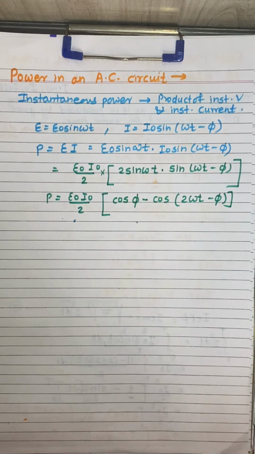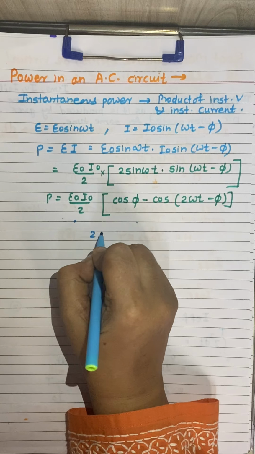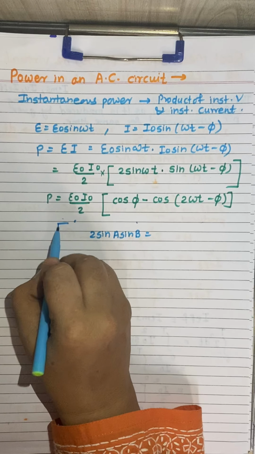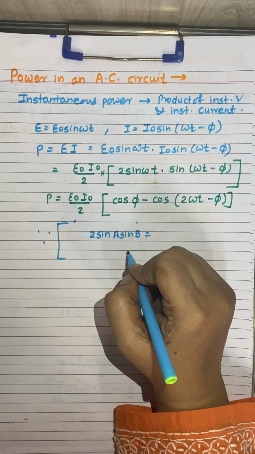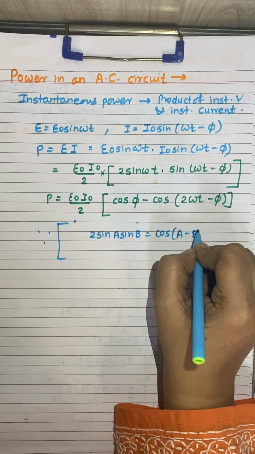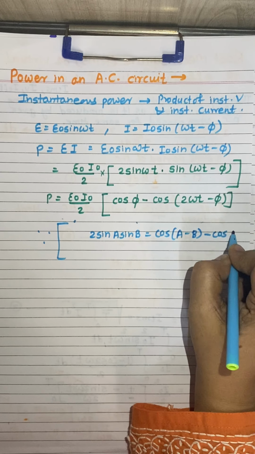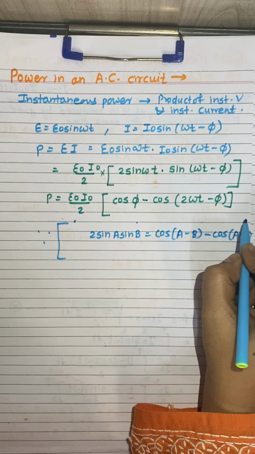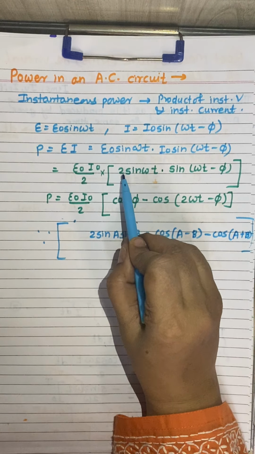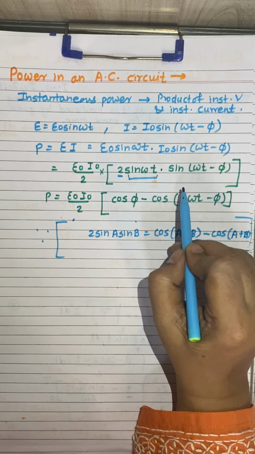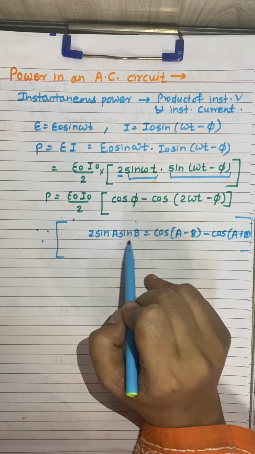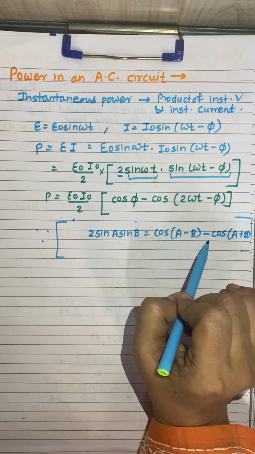Which identity have we used? I will write it down here. 2 sine A sine B is equal to cos of A minus B minus cos of A plus B. You have to keep this in mind.